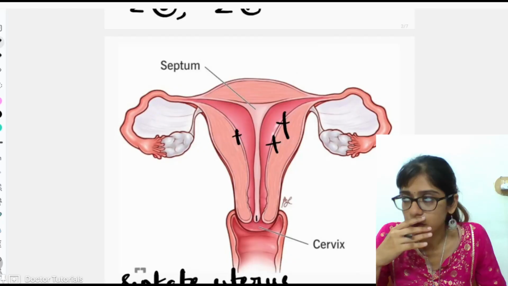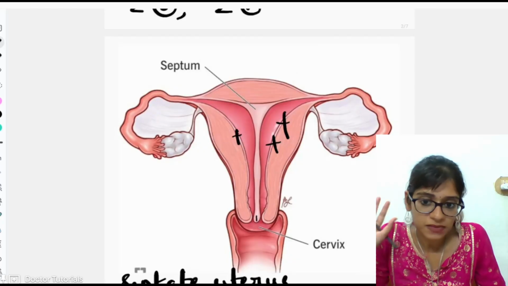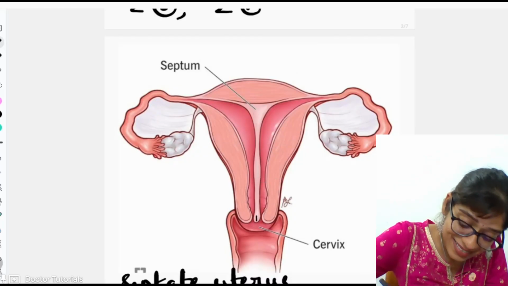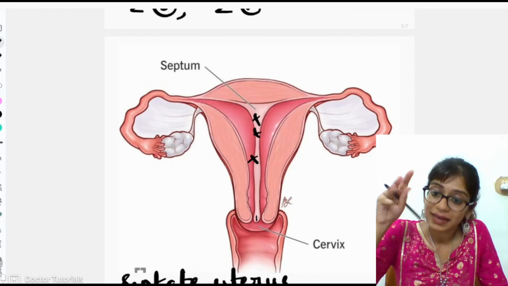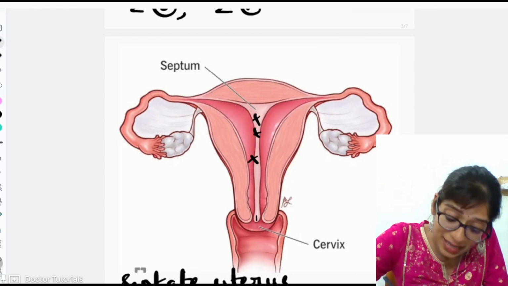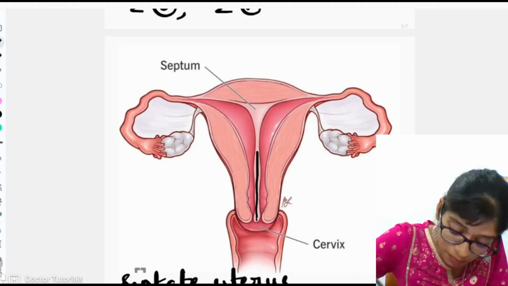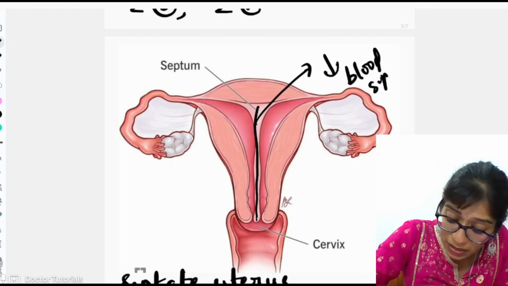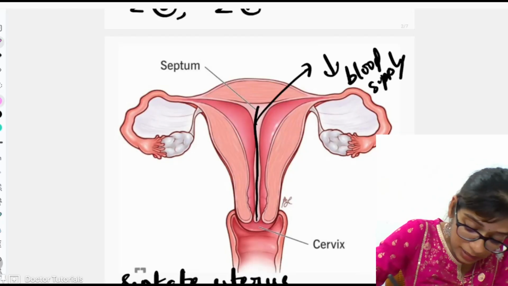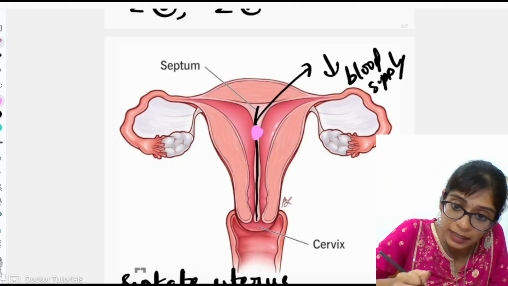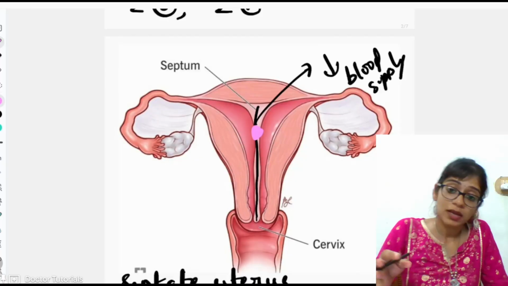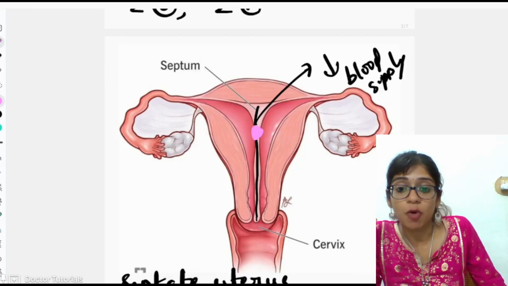There may be complications, but there is a chance of survival. But if implantation happens somewhere in the septum, remember the septum has got poor blood supply. Poor blood supply. So if implantation happens in the septum, the embryo will not be able to grow. So there is more chance of miscarriage and abortions.